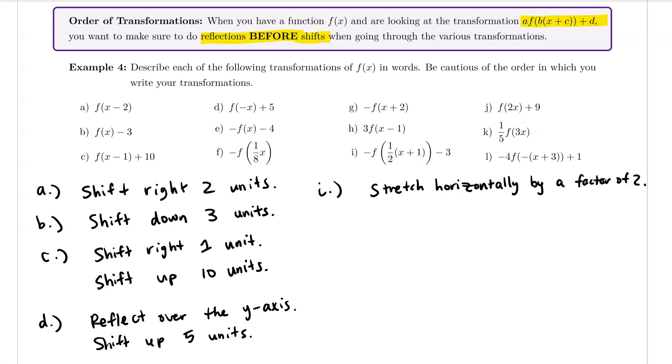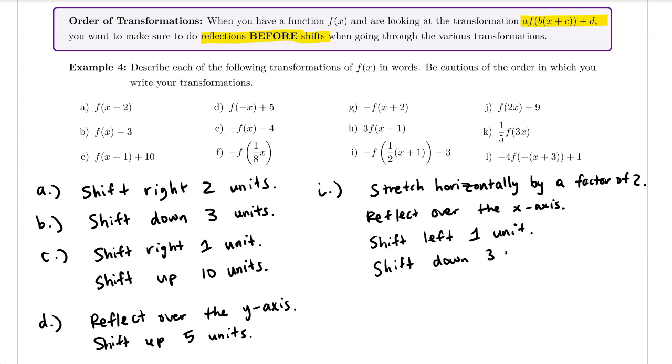Then we can deal with the reflection on the outside. So we would reflect over the x-axis. And then the next one we can shift left 1 unit. And then the last thing is we would shift down 3 units.